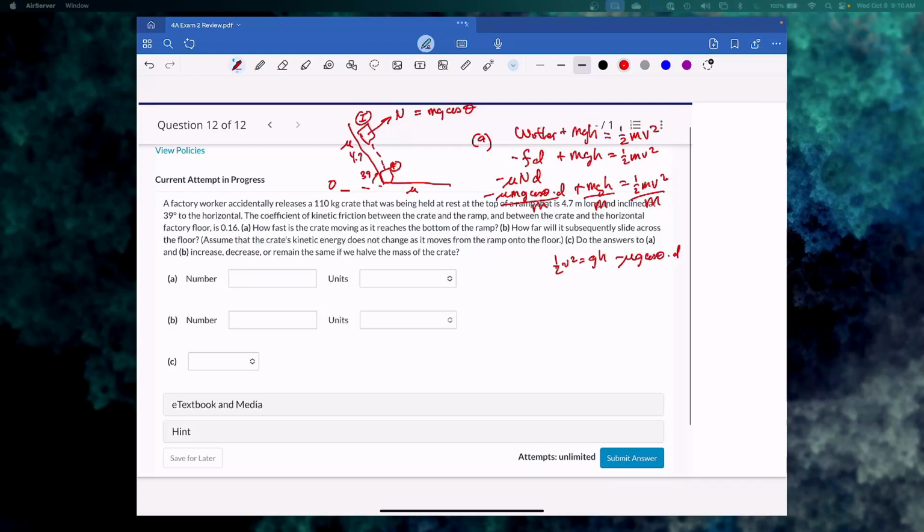Okay. How far does it slide against the floor, across the floor? Okay, so now we got a different problem, right? We've got an initial point here. We've got a final point here. A 0 for gravitational potential energy. When we set that one up, we do have work other. What's our initial energy?